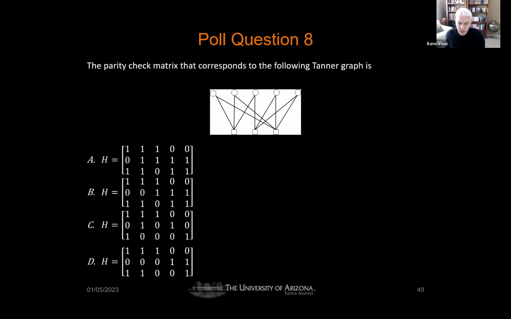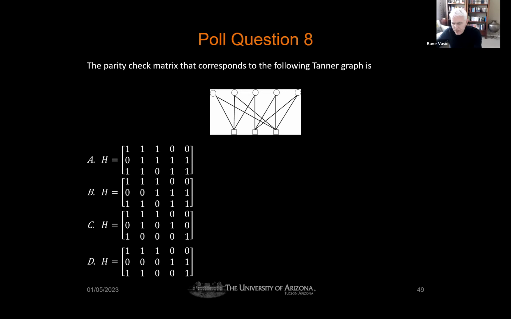But depending on the channel model, this derivation can be different, and what we need to optimize could be different. So, for example, if the channel is Gaussian, we can show that what we need to find is a code word that is closest to a received word, but not in the Hamming sense, but in the Euclidean sense. And similarly for other types of channels, this distance can be defined differently.